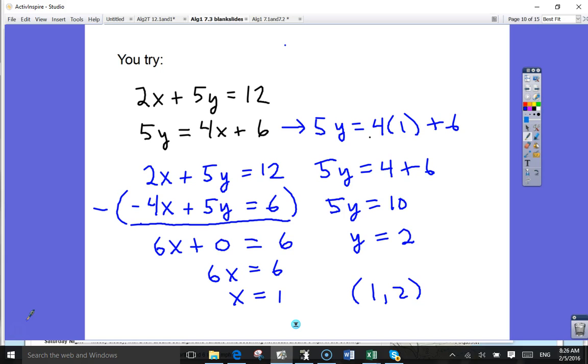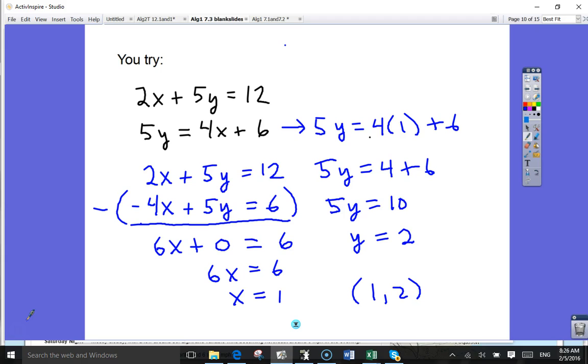Oh, okay. So that should have been a positive 6x. These should have canceled, and 12 minus 6 is 6. So if you made a mistake in there, okay. Divide by 6, and you get 1. And then you plug that back in.